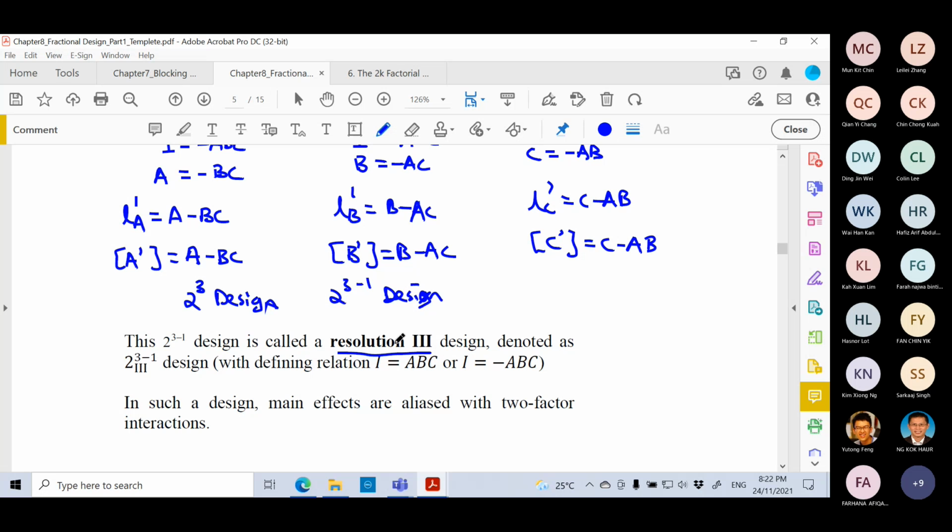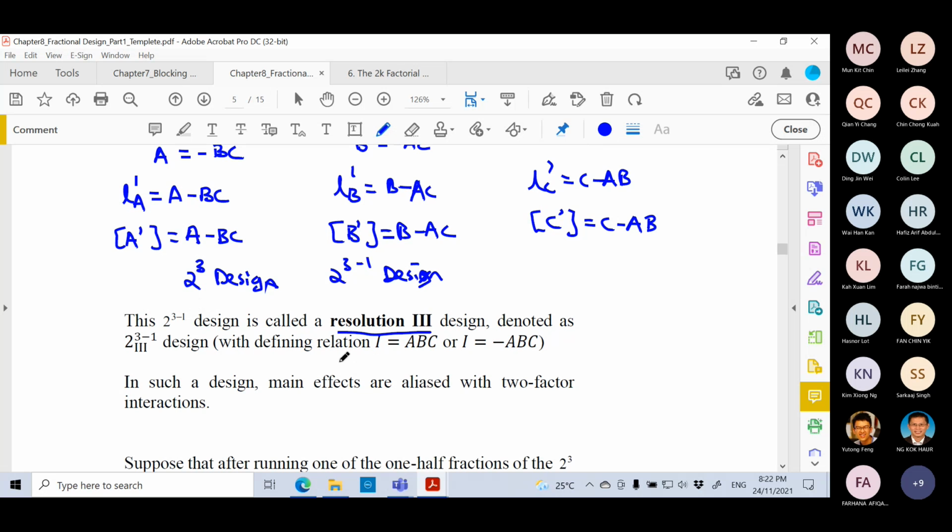So we denote our design here as a restoration tree. The 3 minus 1 means that you only run 1/2 of the treatment combinations. Then your defining relation can be I equal to ABC or I equal to negative ABC. So you can run any one of them.